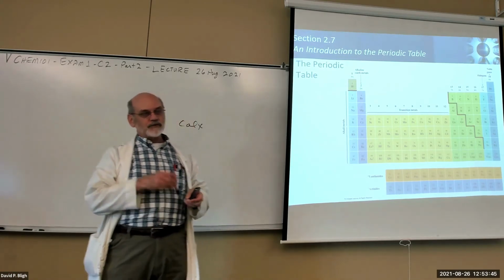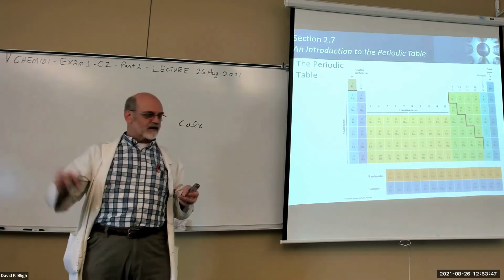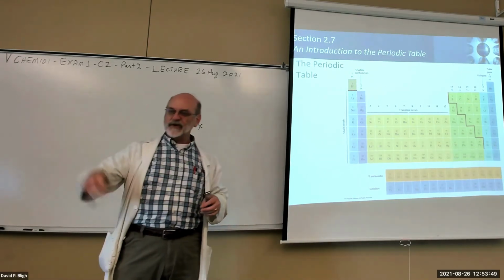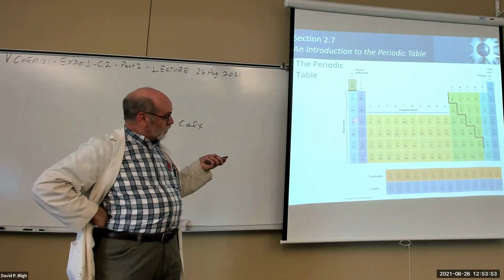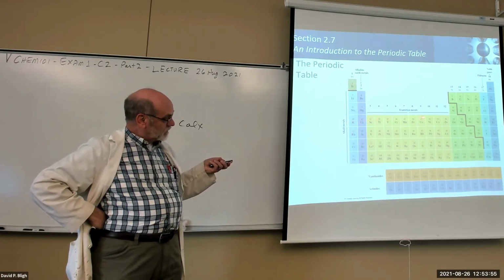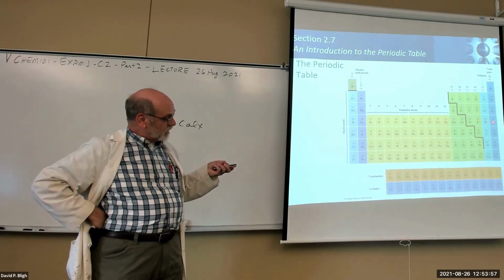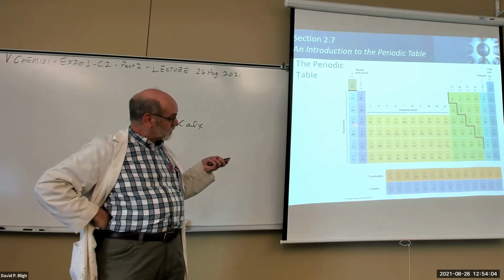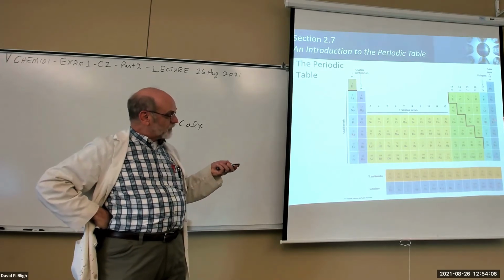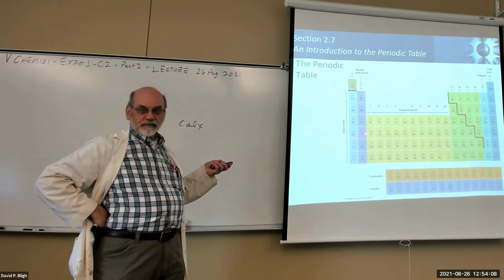The object moves through a cycle of some kind and it ends up back where it started. That's a period. So when we go from left to right, we're increasing atomic number. And then we get down to here, and if we go one more past that, it actually behaves like this one. So you just stop there and you start all over again. So that's a period.